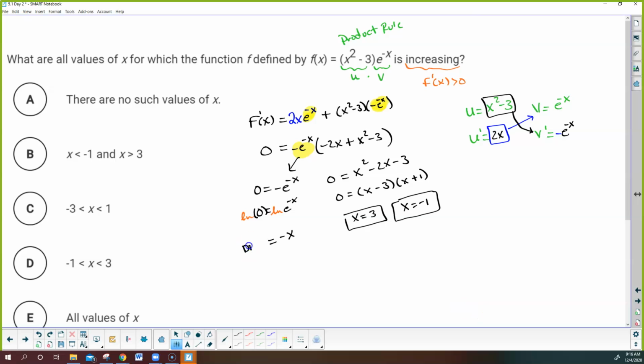Well, the natural log cannot equal 0, so it doesn't exist, which means we don't care about this work right here, because it's not going to determine when this is 0, which means I just have 2 critical points. Okay.